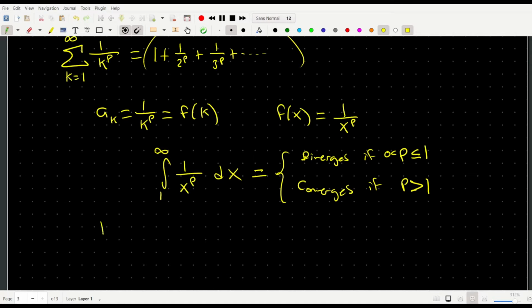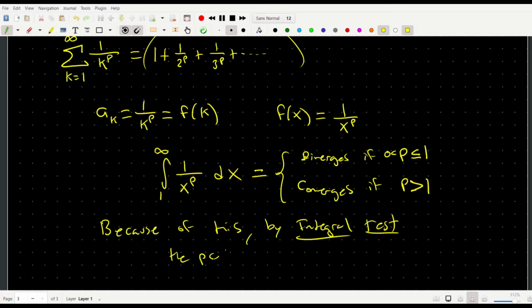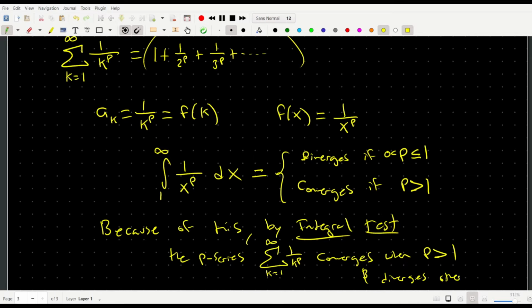So because of this, by the integral test, the p-series converges when p is greater than 1 and diverges otherwise.